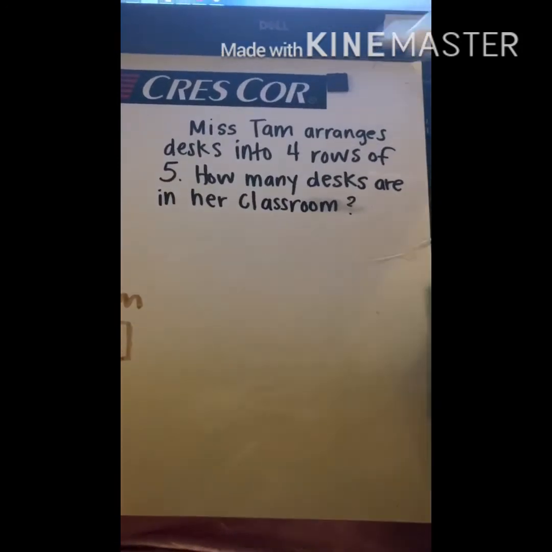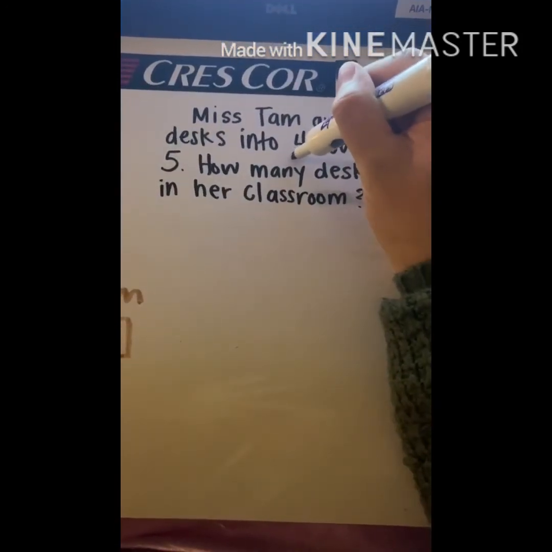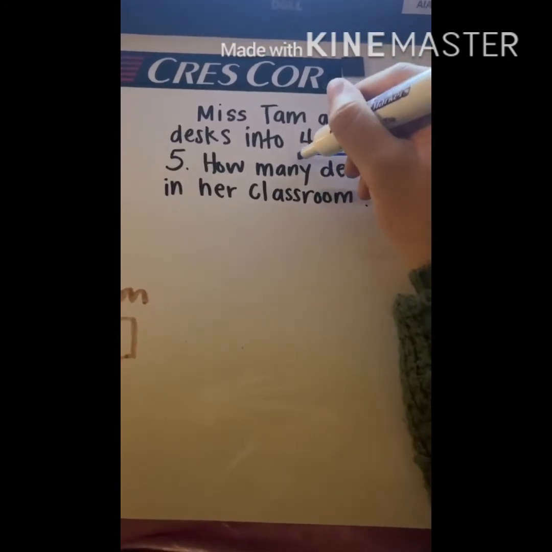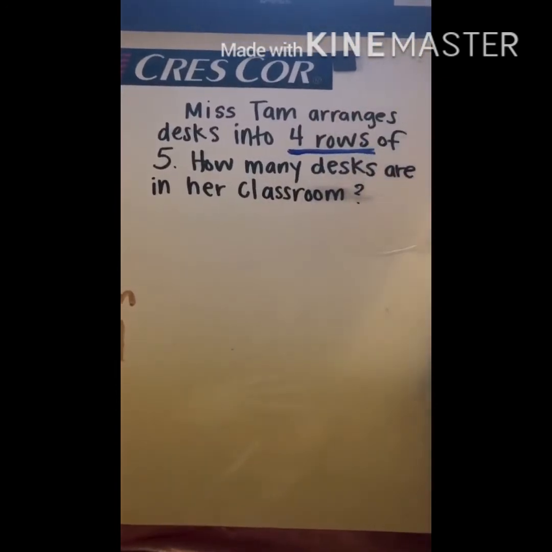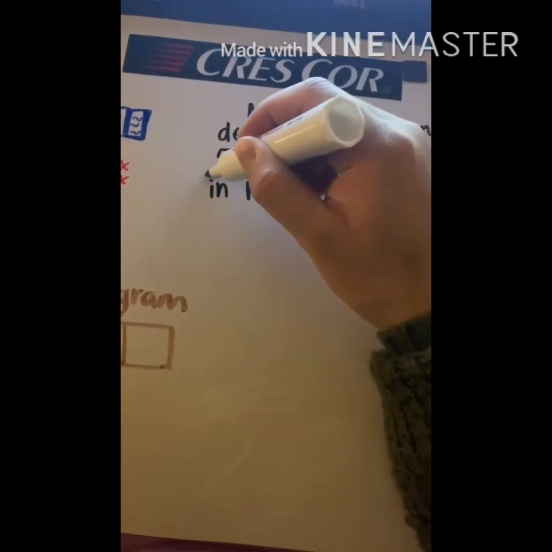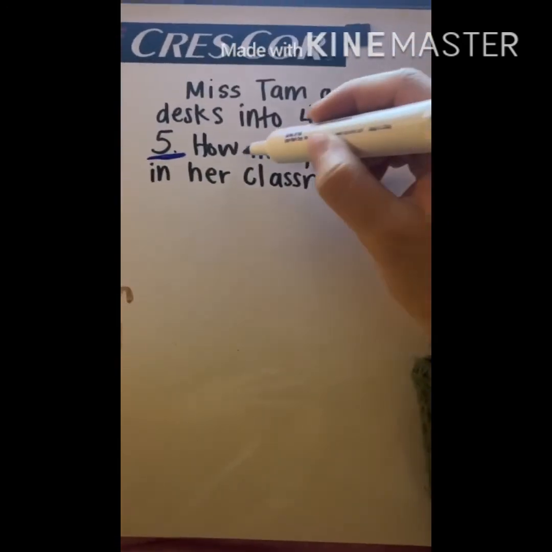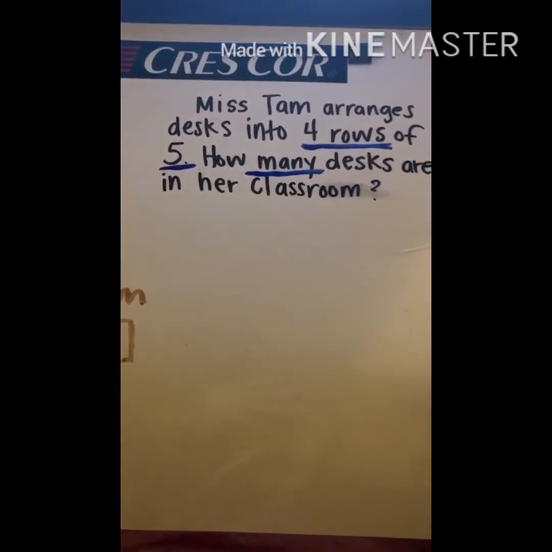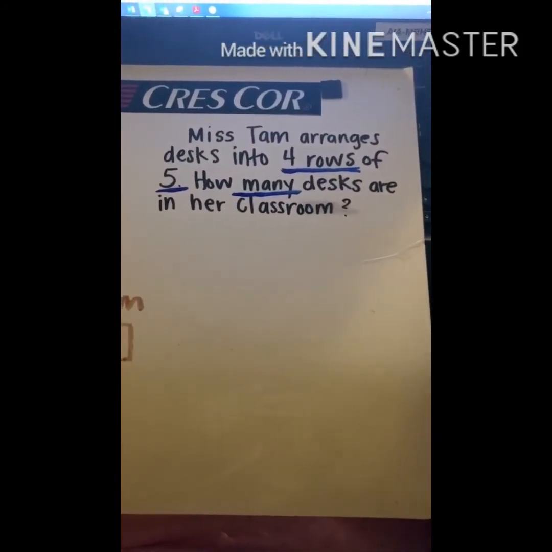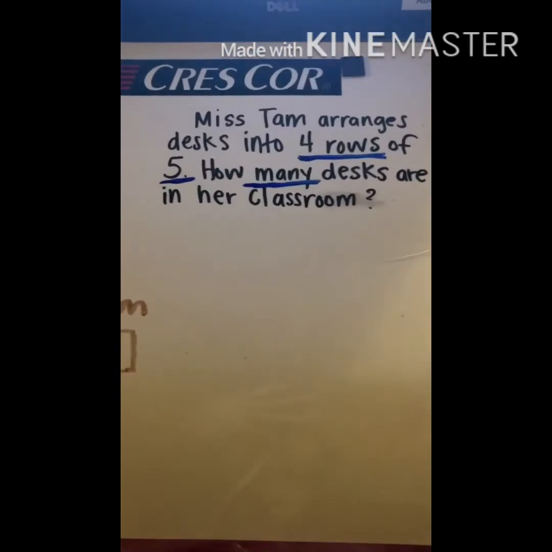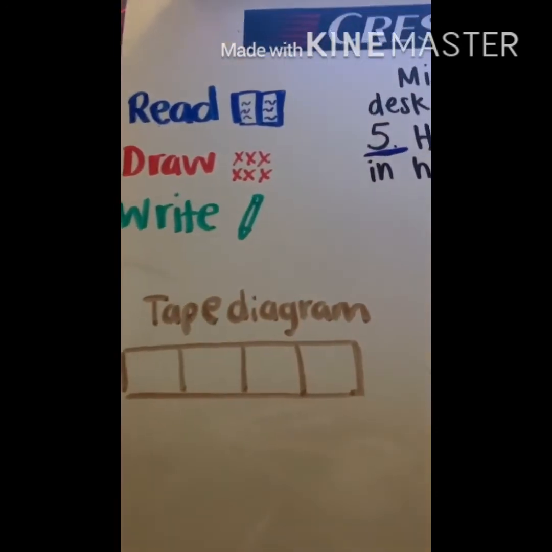All right, so I read 4 rows, and that sounds important because we're talking about rows. And how many are in each row? Yep, 5. And we need to know how many are in her classroom. Now our next step is to draw.